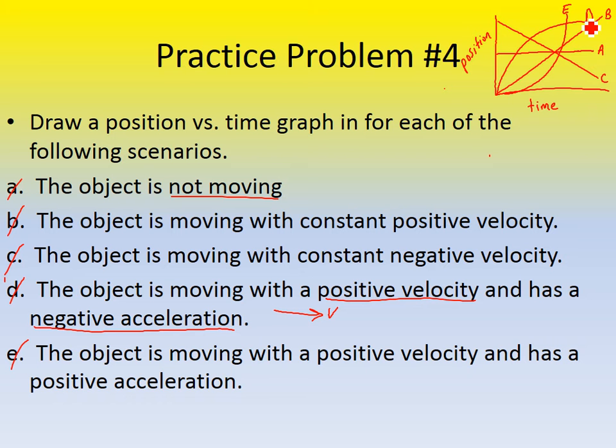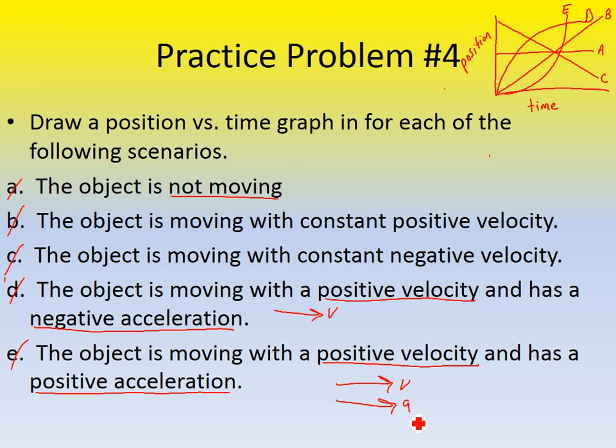Okay, let's go to part E. The object is moving with positive velocity and has a positive acceleration. So again, positive velocity, we're going to the right with our velocity vector. And a positive acceleration, which way is it going? Also to the right. So how do we show that?